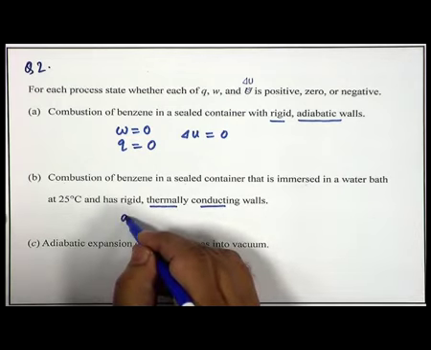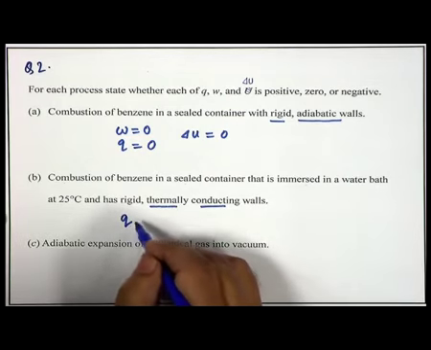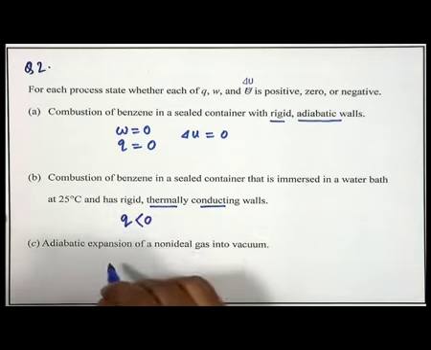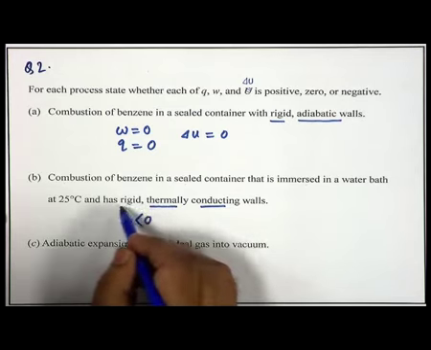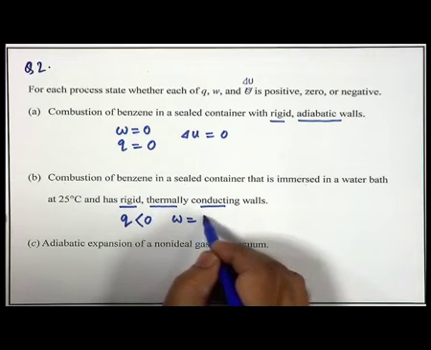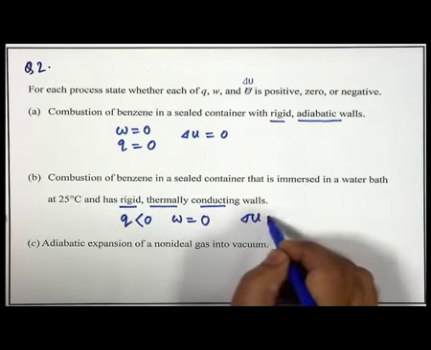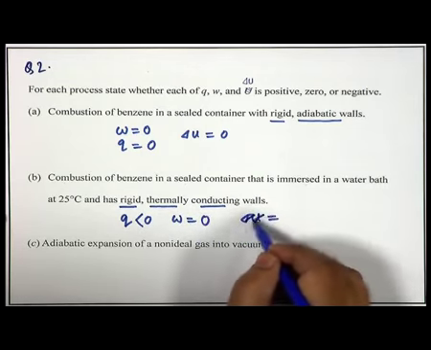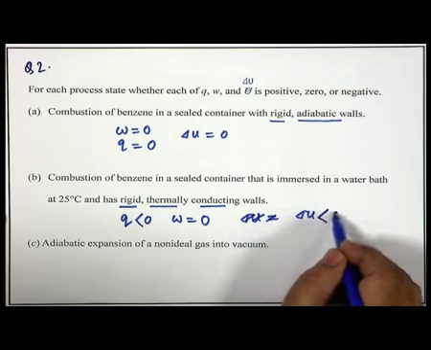So in this case the system is losing some energy as heat, so Q would be negative. The wall is rigid, so W would be 0. So ΔE would be Q plus W, which would be negative as well.